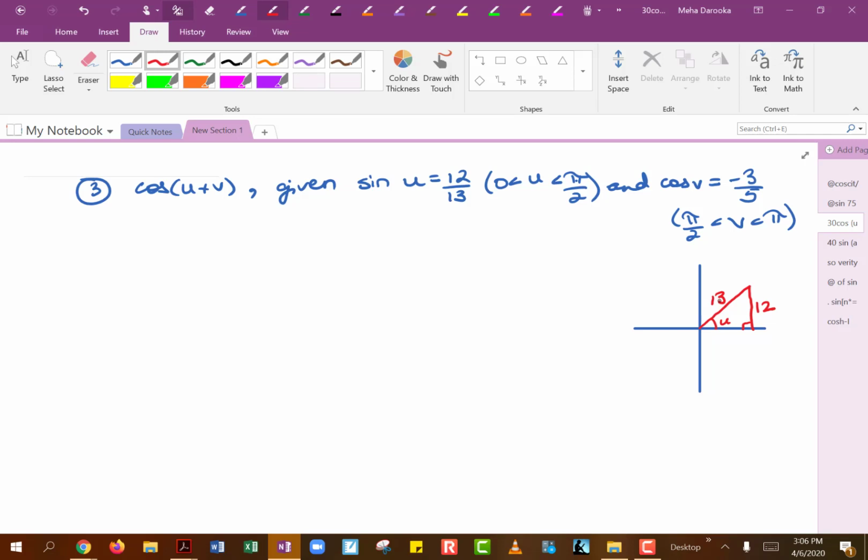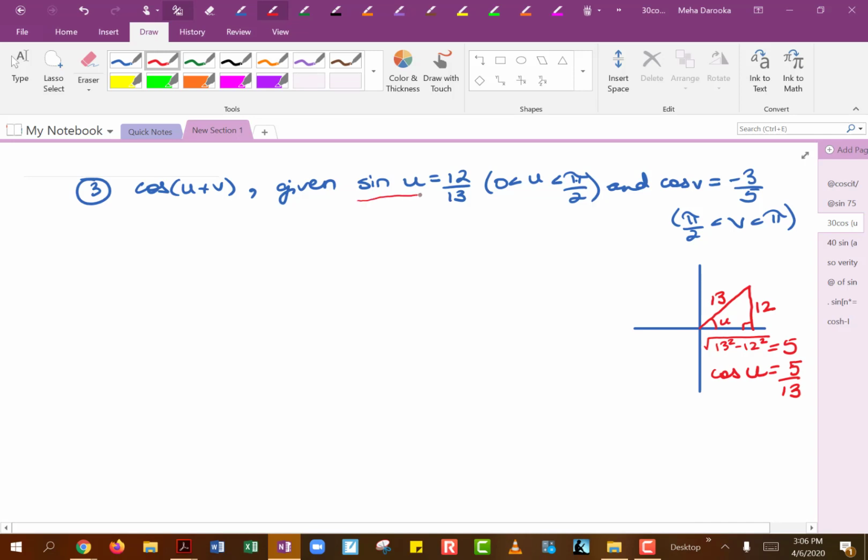And then using the Pythagorean theorem, go ahead and calculate the third side, which will end up being the square root of 13 squared minus 12 squared. And just going through our math, looks like that number comes out to be 5. So cosine of angle u would then be 5/13.